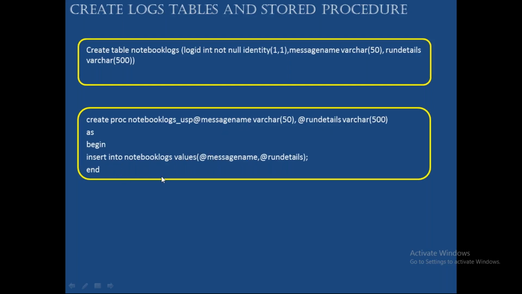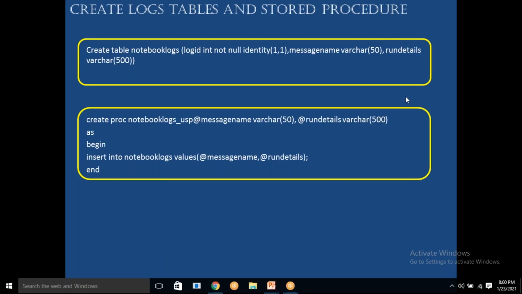It will insert into notebook logs values message name and run details. These two parameters I will pass, so that these two messages will be inserted into this table. Okay, any question? Clear, Malaya. Okay, thank you.